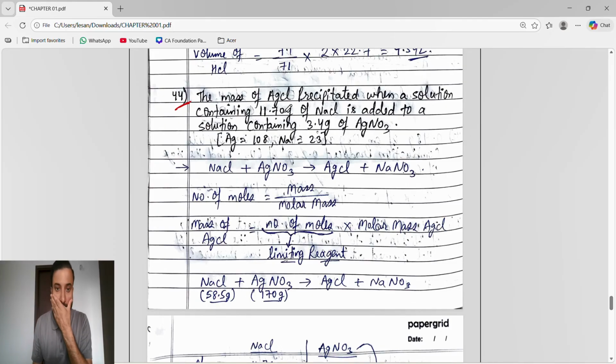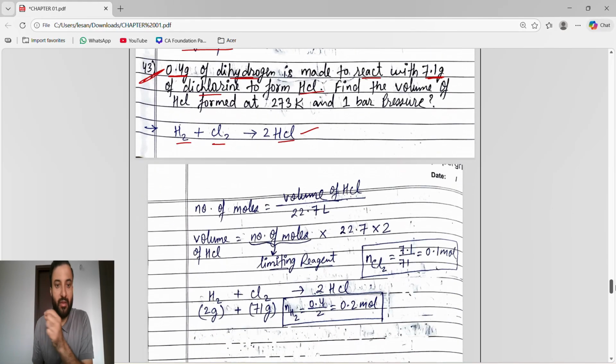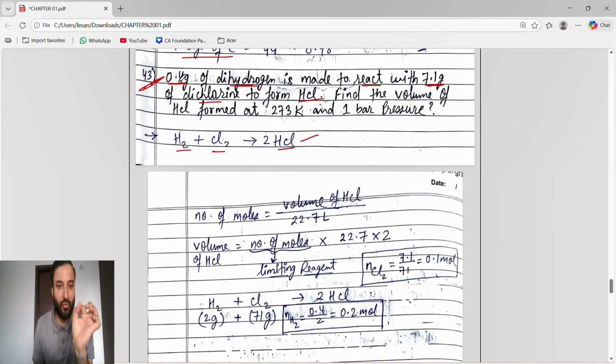Guys, what is given here? 0.4 gram of dihydrogen, H2, reacts with 7.1 gram of dichlorine, Cl2, to form HCl. Find the volume of HCl at 273 Kelvin and 1 bar, which is nothing but STP, standard temperature and pressure.